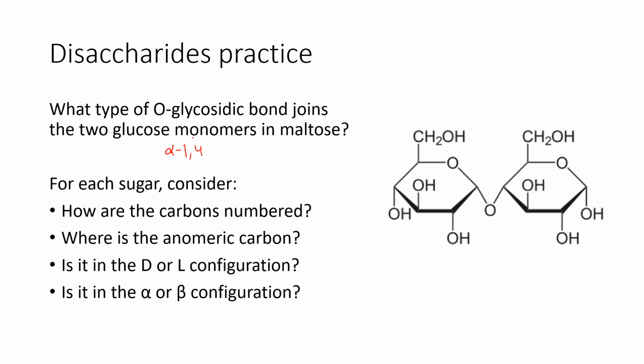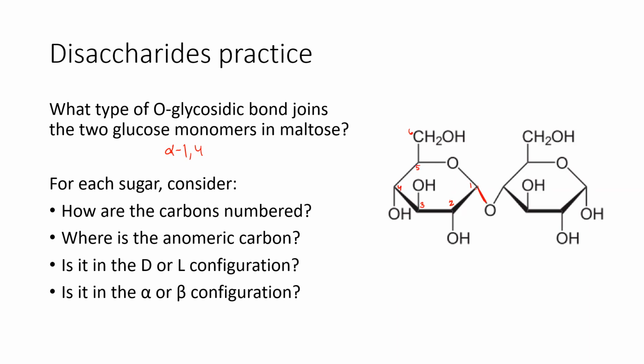Yeah, exactly right. So we can start by looking at our glucose monomer on the left, and we can start to number our carbons. Like you correctly identified, our anomeric carbon is carbon number 1. The OH group on the anomeric carbon is pointing down, and so it's alpha.